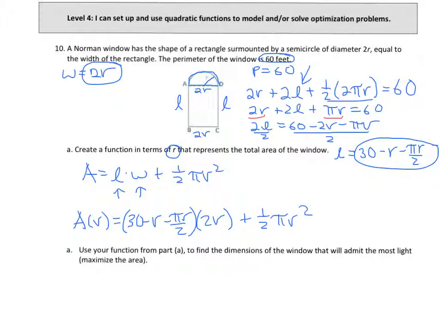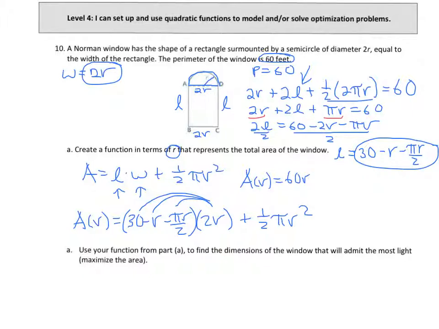And there's my function for the area of the window. I could simplify it a little bit if I wanted, maybe I'll at least distribute this 2r to these terms.